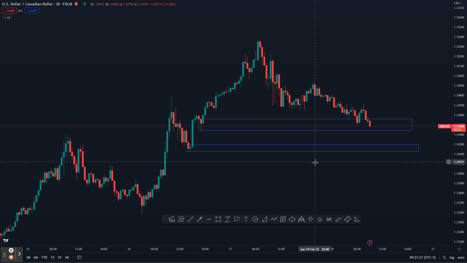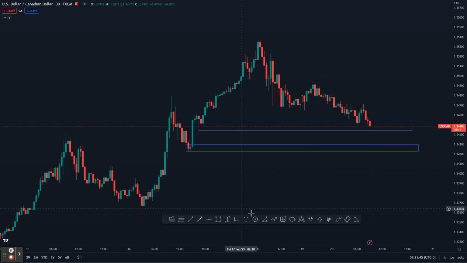So right now, we have this zone that lines up with what? The golden ratio. And this zone lines up with what? The 50% retracement level. So it gives us some confluence to where price currently is at.